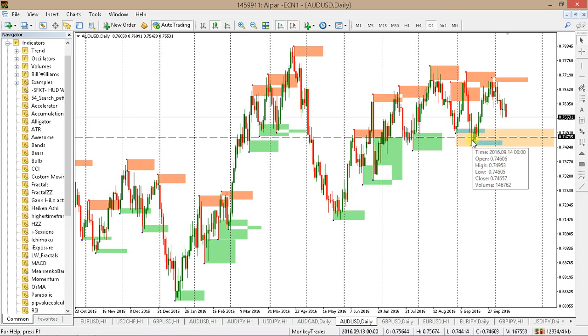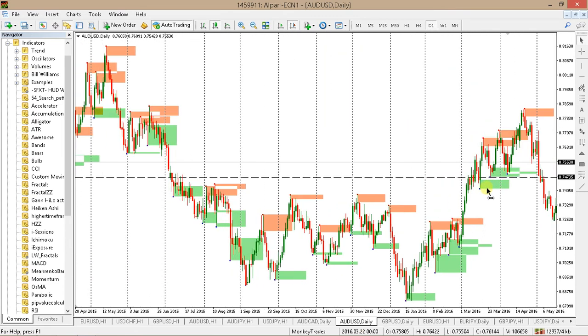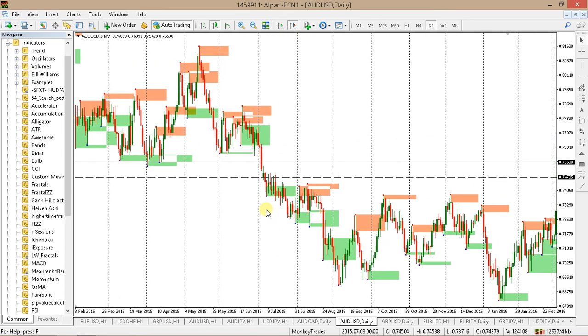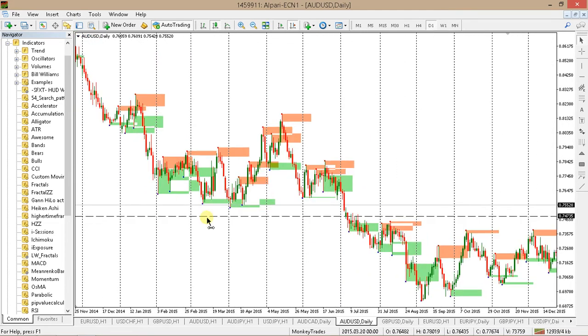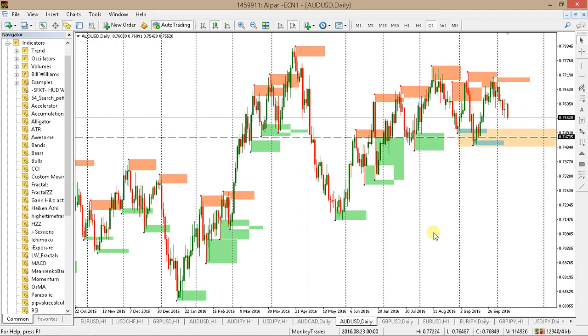And you can see it was a support here, resistance here, support here. Let me disable auto scroll. Well, a little bit of resistance here, and then nothing else, at least for the nearest past.